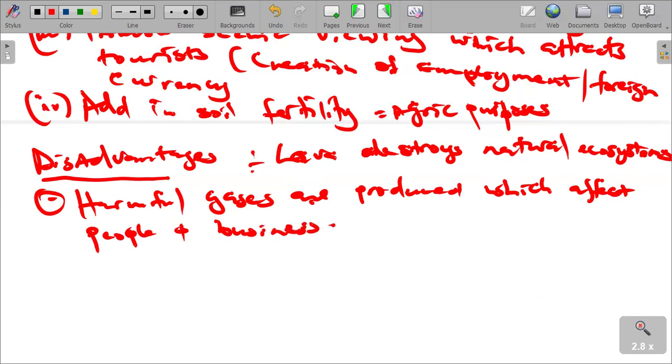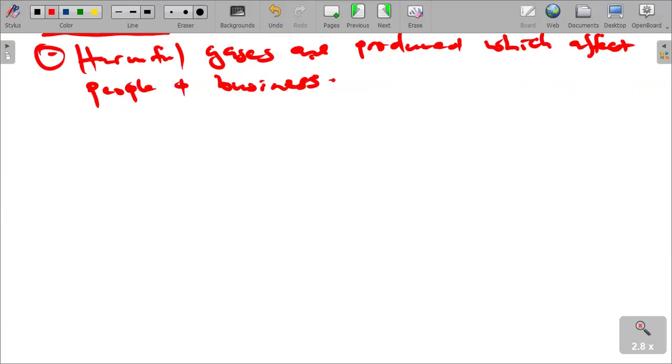So human life and livelihoods are put at risk because of the toxic gases that are produced.